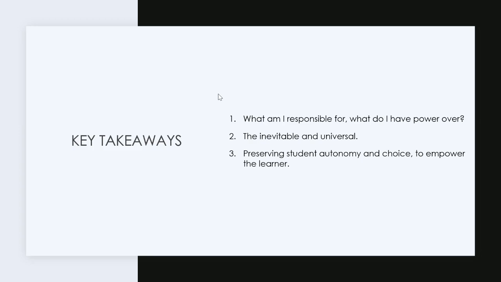And that is really what this theory is trying to instill in the students, is that they are responsible for engaging, they are responsible for their potential, and they have great potential, but that won't be reached if they're not involved. And preserving student autonomy and choice to empower the learner. And I think those are the three most important areas of this theory.